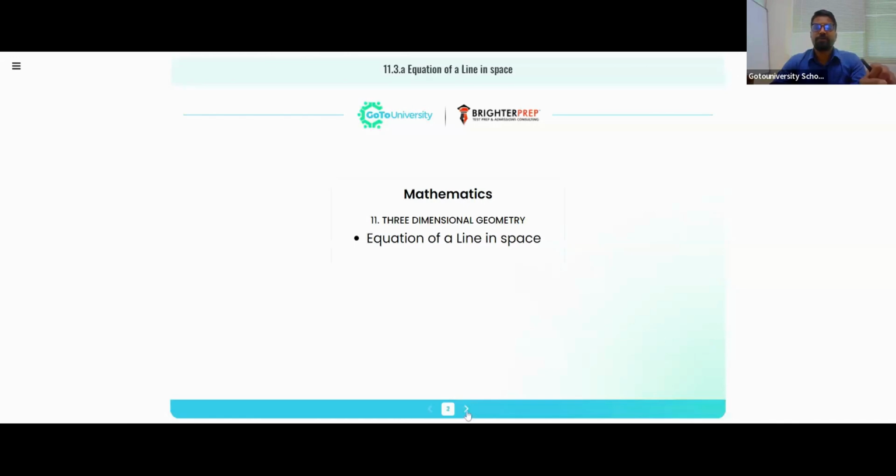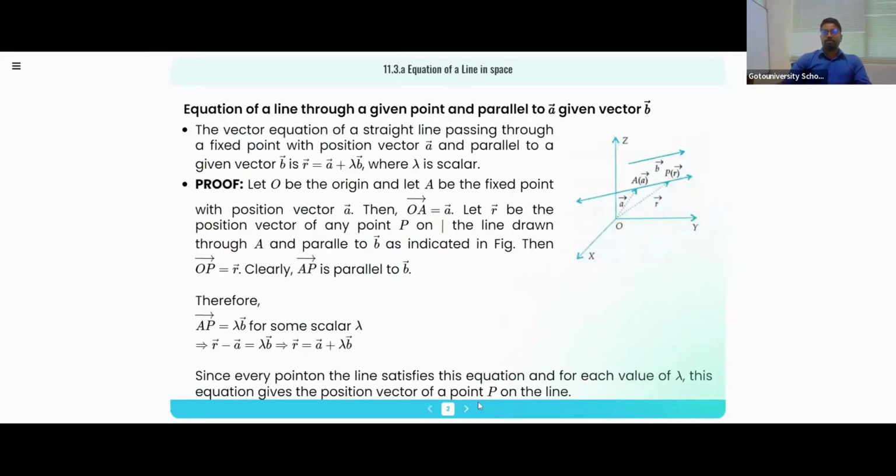So what is the equation of a line in space? I told you, representing a line in a two-dimensional plane is very easy.